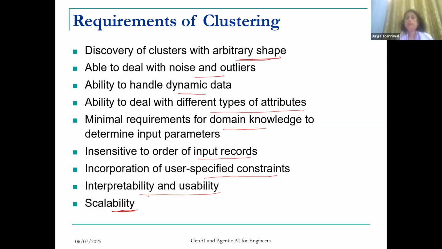However, as I already mentioned, there are no algorithms that are going to satisfy all of these properties. So the algorithms that exist as of today will satisfy a few of these, not all. I'm saying only few and not many. There are only algorithms that satisfy few of these.